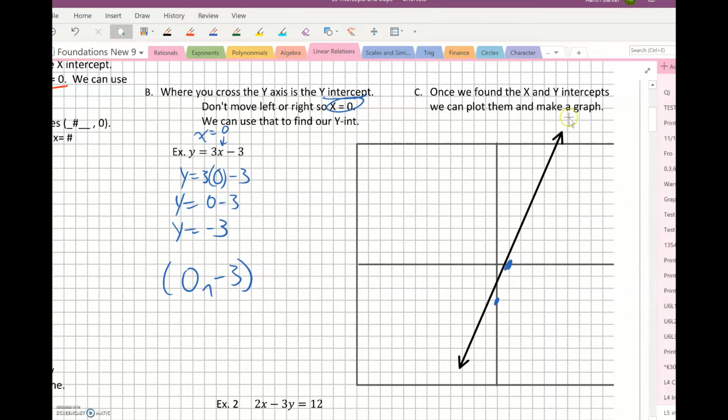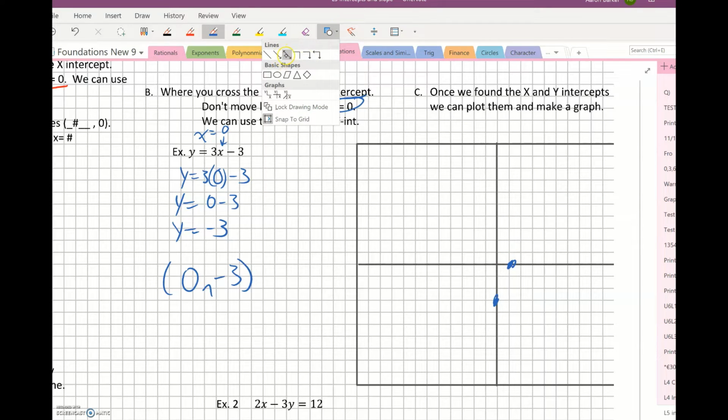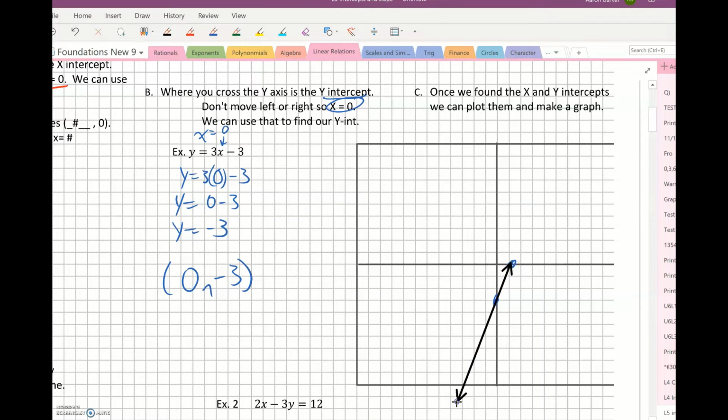Okay, plot (0, negative 3), (1, 0). There's our line, and we can label it y equals 3x minus 3.